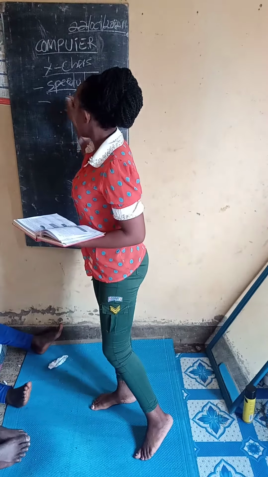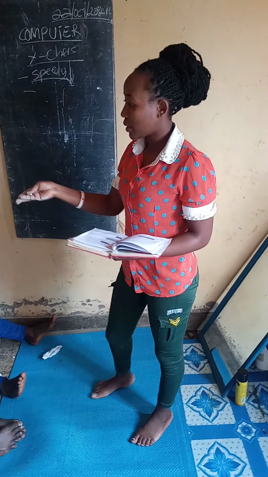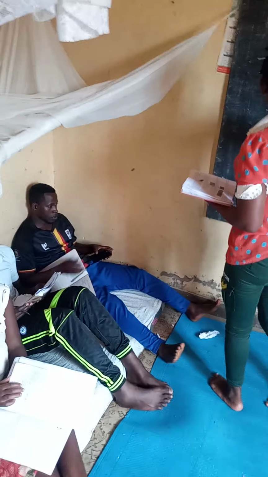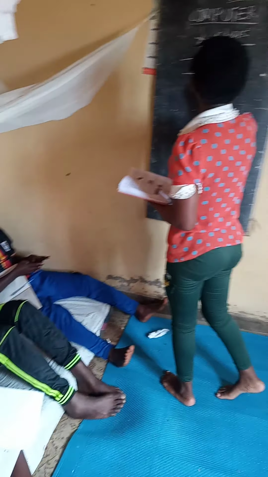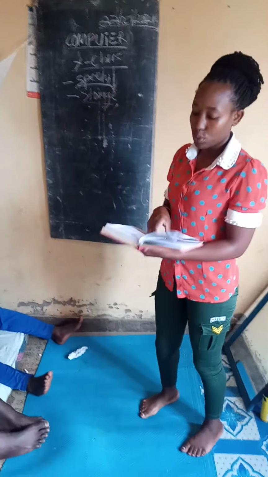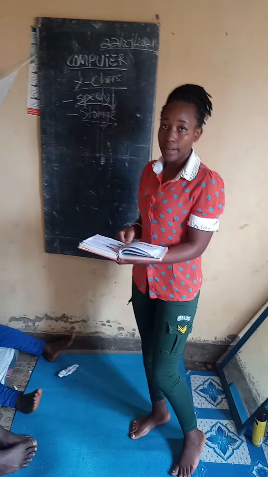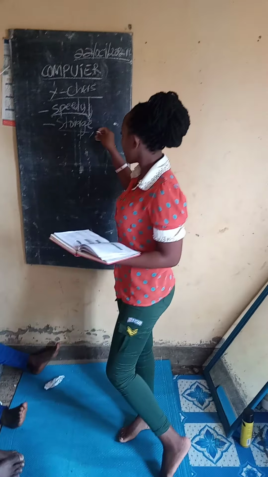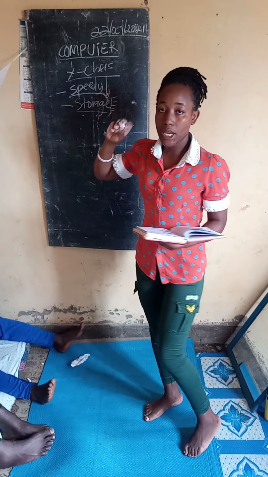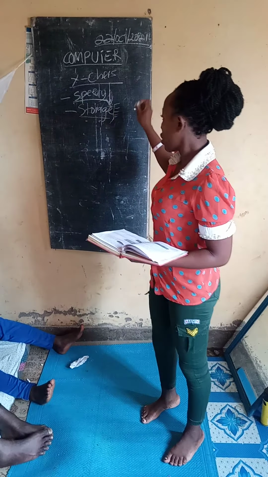That is one. Another one? Yes? Storage. Thank you. These computers have enough storage to protect the information or the data installed in them. You can store much information on computers.